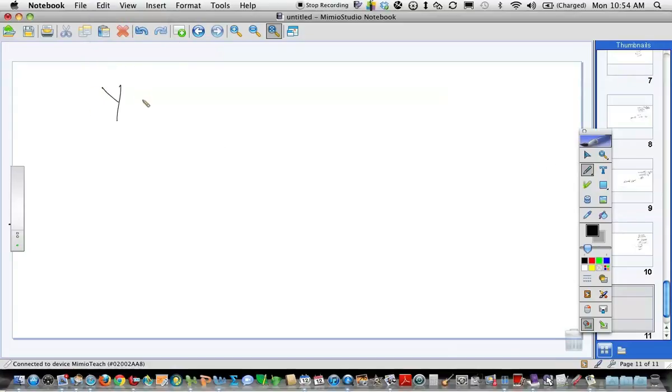Do this on your paper. y equals x cubed arc sine of e to the x. Find y prime.